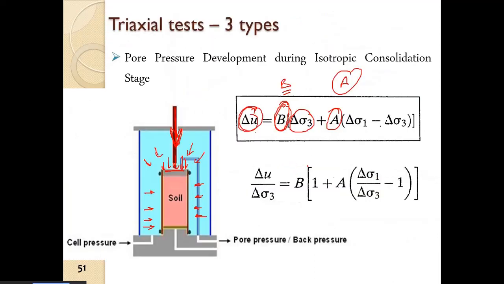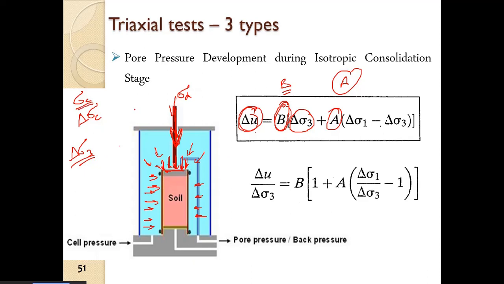now before going on to the changes, what will happen when we now apply deviatoric load? When we apply sigma d, we are now applying sigma c, right? So whatever delta sigma c we are applying, ultimately what is happening is that delta sigma 3 is changing, and delta sigma 1 is also changing at the rate of delta sigma 3. So delta sigma 1 is basically equal to delta sigma 3 when we are only applying cell pressure.